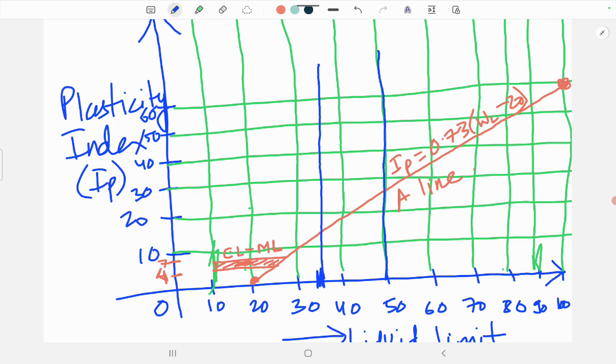So above this line everything is clay, but what type of clay? If it is this side, then you write clay of low plasticity, and in this zone, clay of intermediate plasticity, because the liquid limit is above 35 and below 50. So we write it as clay of intermediate plasticity.